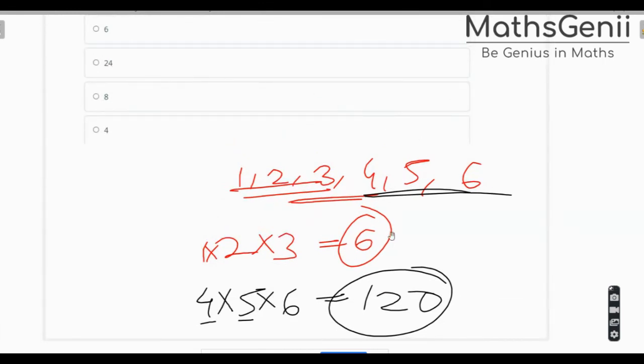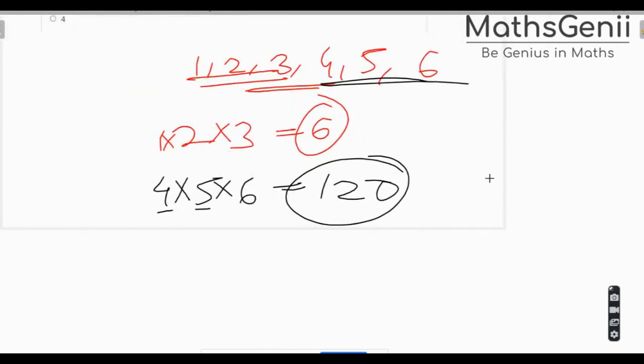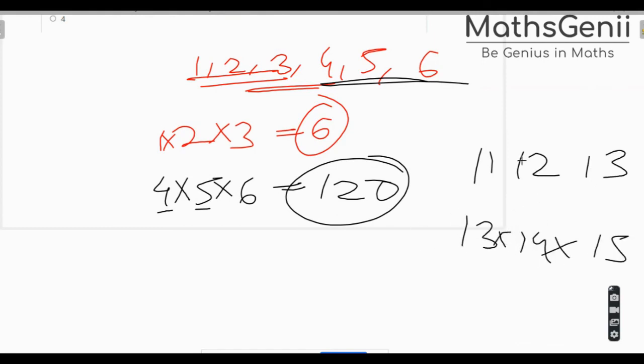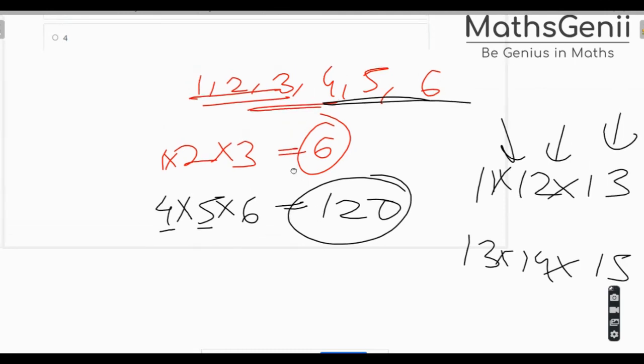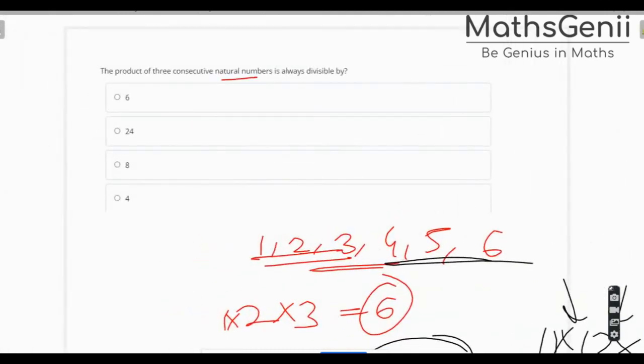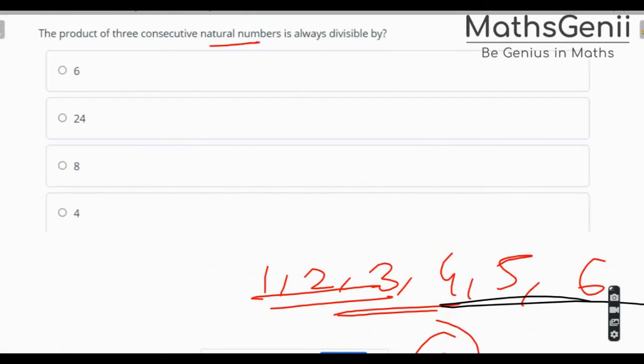So any number you take like this, if you take 11, 12, 13, or 13, 14, 15 and multiply them, consecutive meaning one after the other, the product of three consecutive natural numbers will always be divisible by 6. We just saw the example.